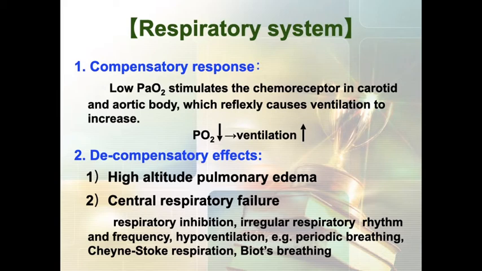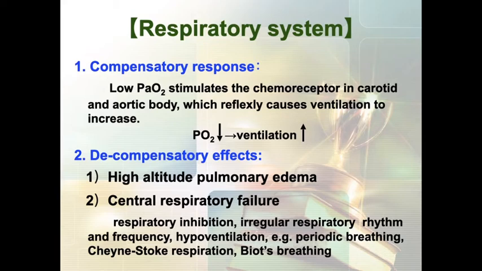After trying the best of our body system to do the compensation, it may fail. That's decompensatory effects. It's a high altitude pulmonary edema, which people suffer in the Tibet Plateau when you get there without proper medical checkup and physical preparation.